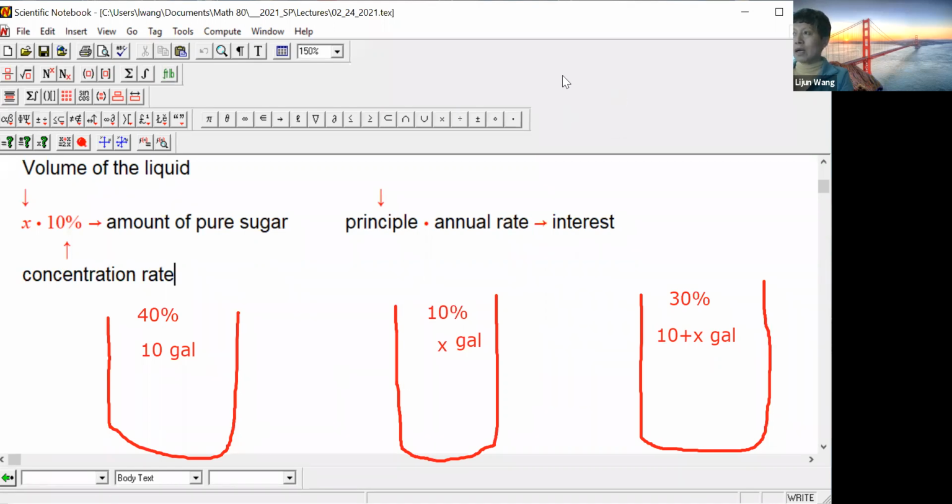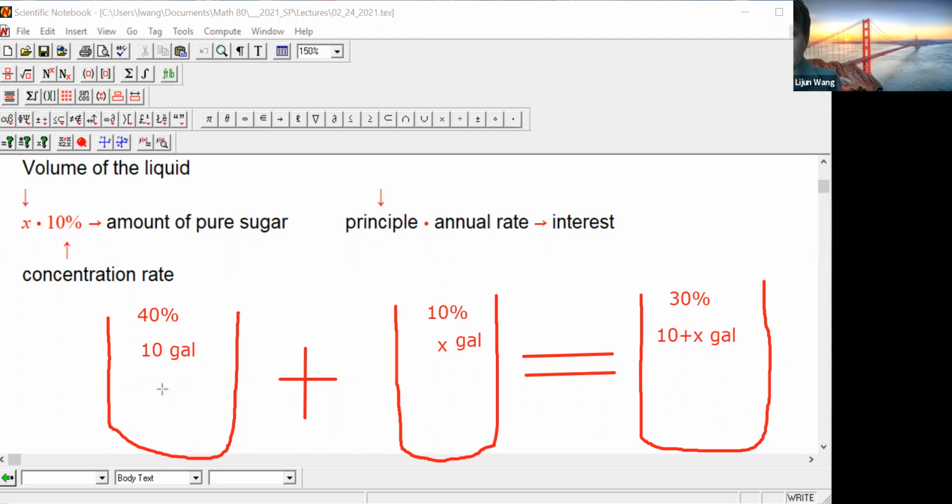I'm adding these two containers together. So this is comparing the volume: 10 gallons put together with the X gallons, we get 10 plus X gallons.